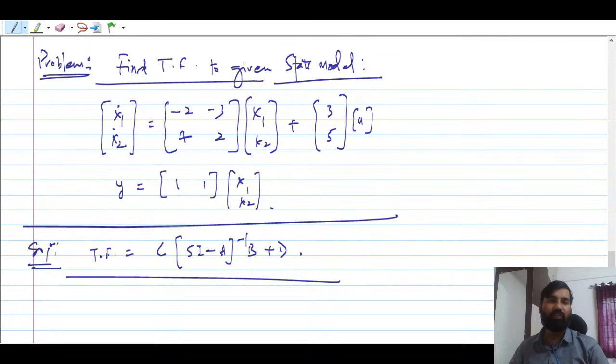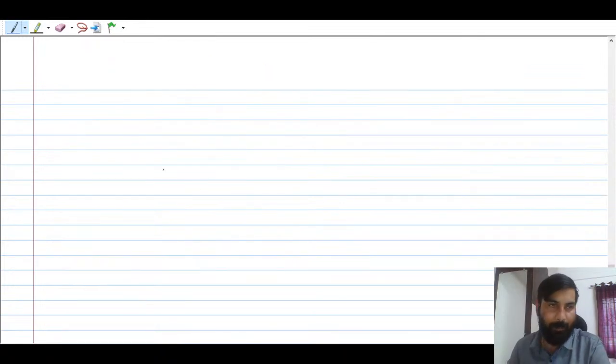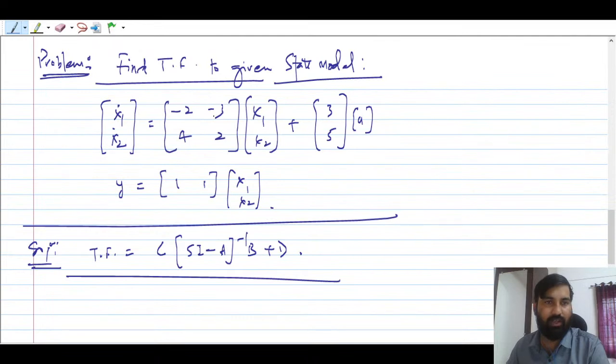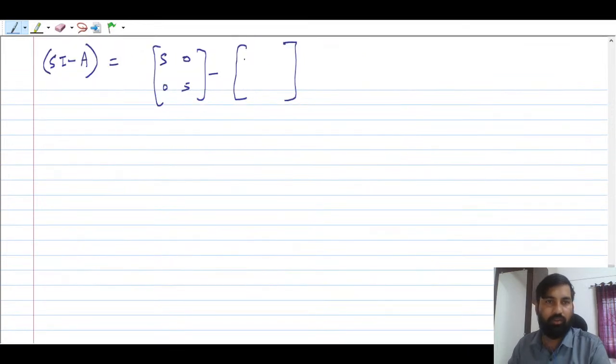First of all, you can add s diagonally and change the sign of the coefficients. So first you have to find sI minus A. What is sI minus A? It is s, 0, 0, s, minus A. Here the A matrix is a 2 by 2 matrix: minus 2, minus 3, 4 and 2.